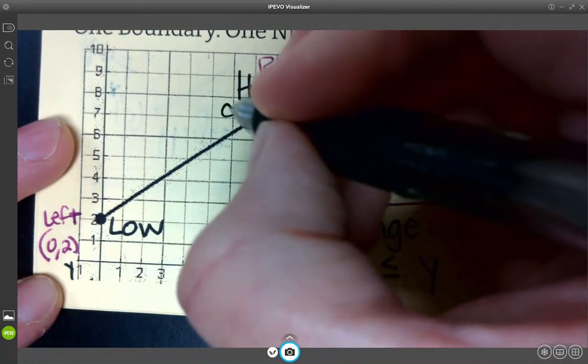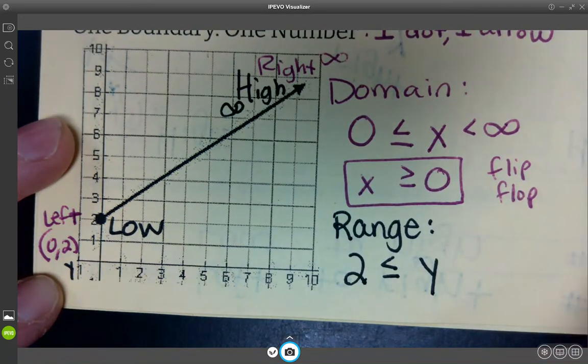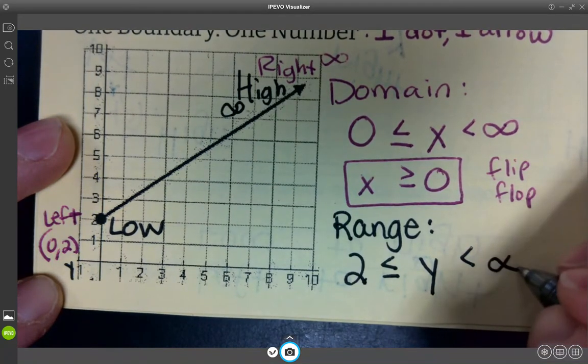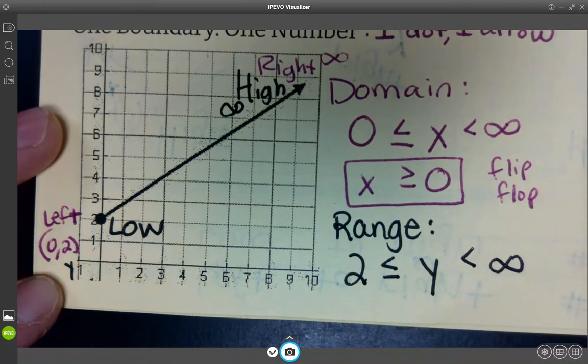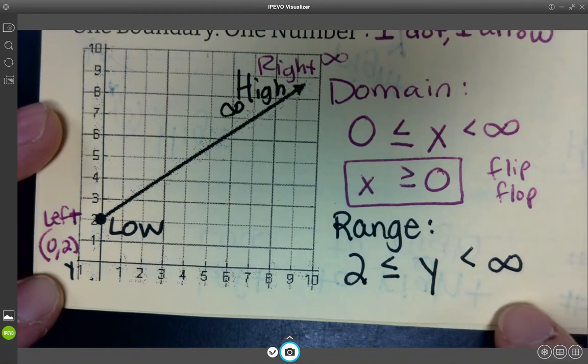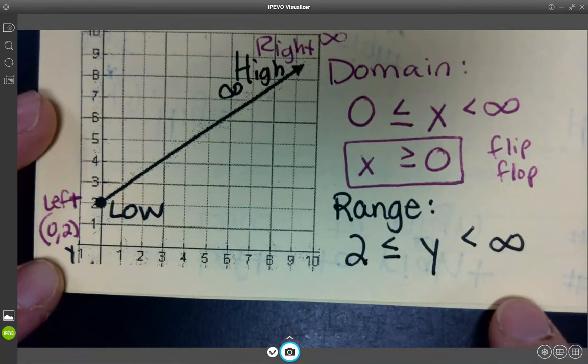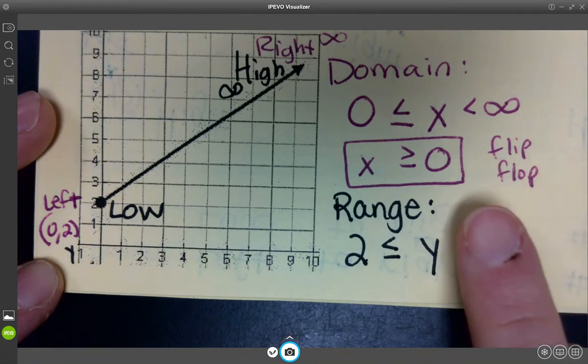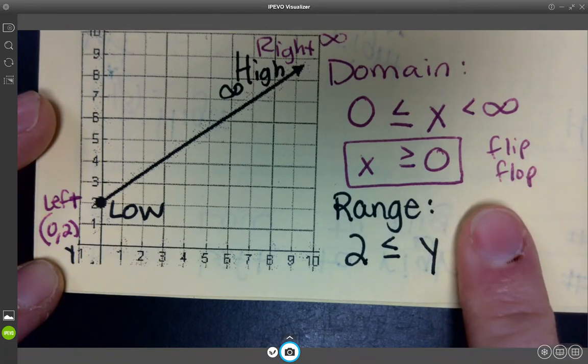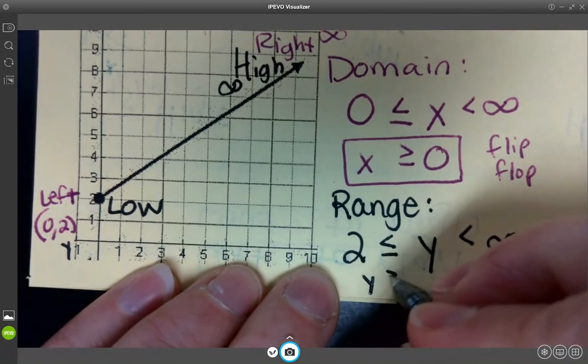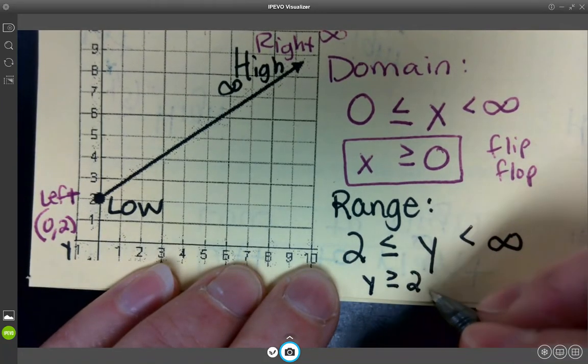Yep, infinity is less than infinity. Don't put less than or equal to on infinity. Okay, I don't want to leave it like that. I want the variable to be first, so I can cover this up. 2, 2, yep.